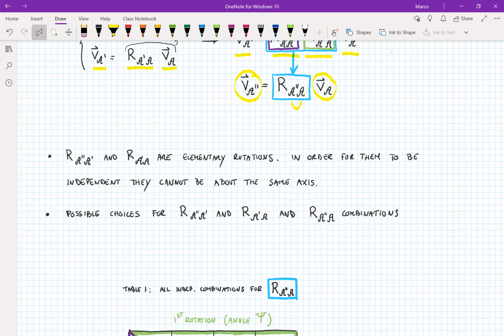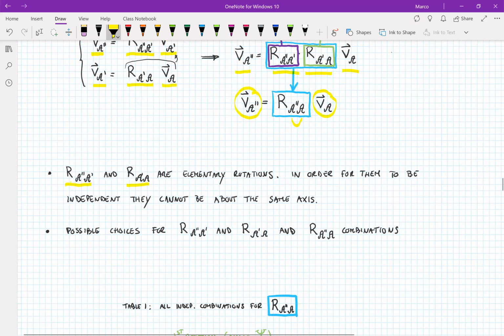So here, once again, I'm telling you that in order for them to be independent rotations, so R A double prime A prime and R A prime A, they have to be about different axes. They cannot be about the same axis one after the other.